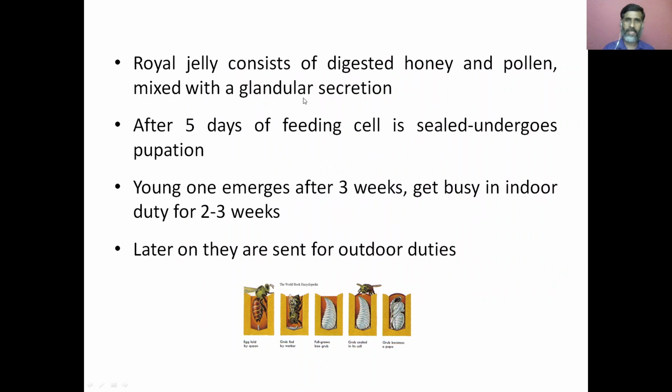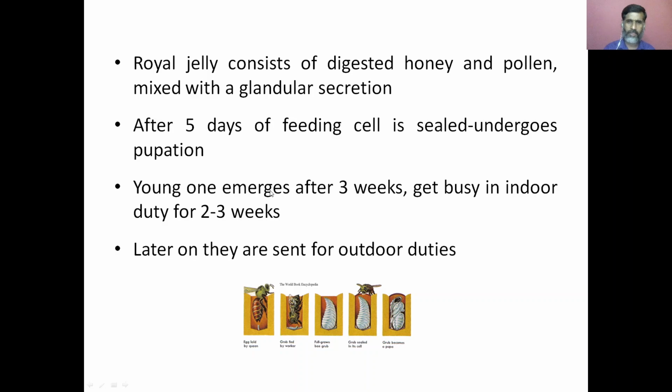The royal jelly that they are feeding consists of digested honey and pollen mixed with glandular secretion of the young workers. After 5 days of feeding, the cell is sealed. Once it is sealed, internally it undergoes the next process of development, called pupation.